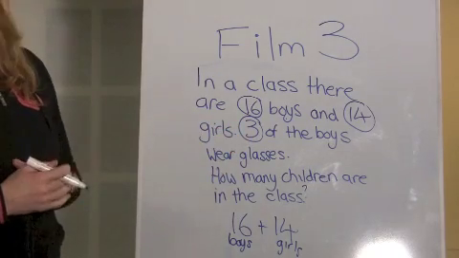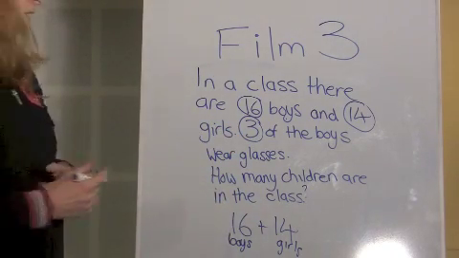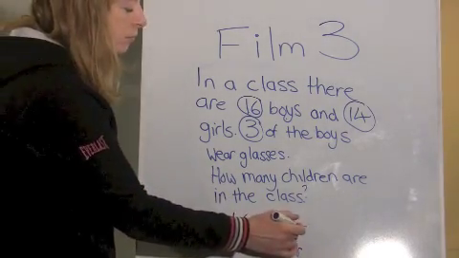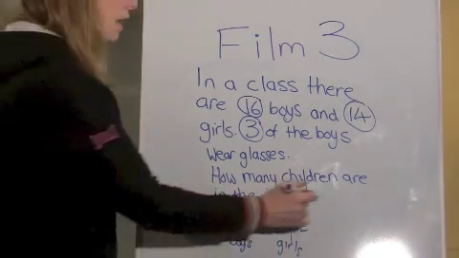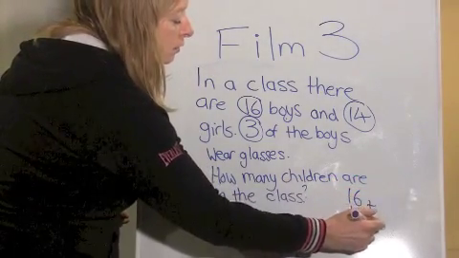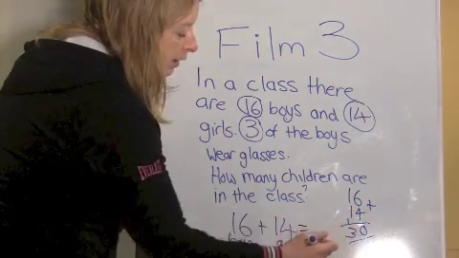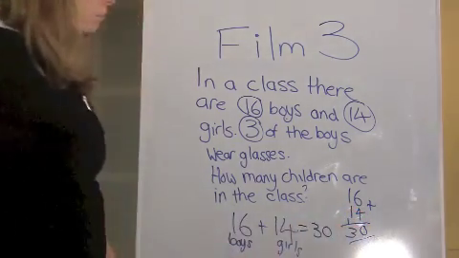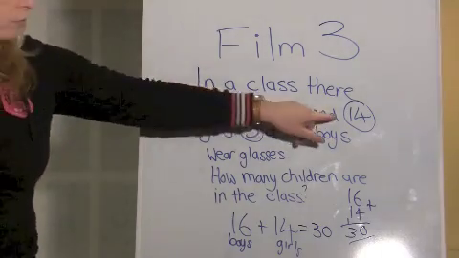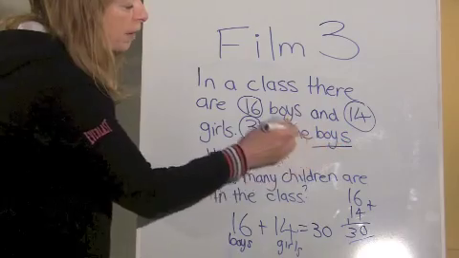So I don't need to add that on, do I? The total number of children in the class is 16 plus 14. And if we add that together using column addition, I get 30.